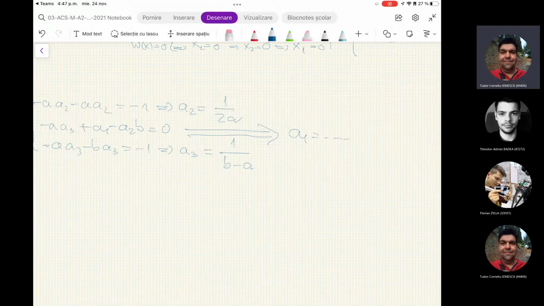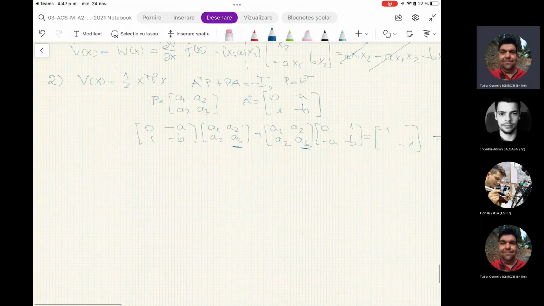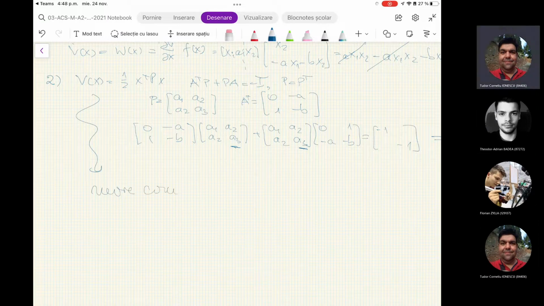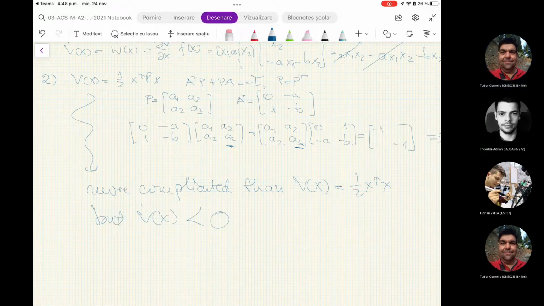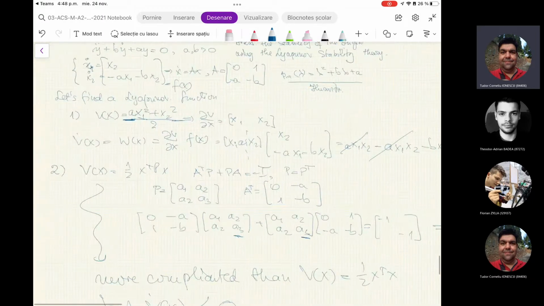So it's more complicated to write this V, much more difficult than V of x equals half x transpose x, the previous one. V dot of x in this case is like this, whereas in the previous case, you are supposed to use the LaSalle principle.